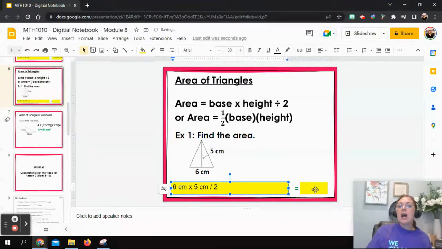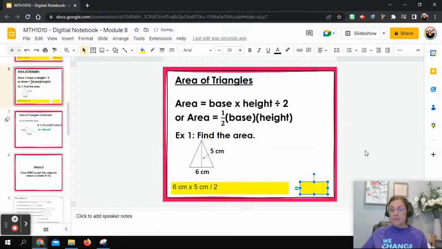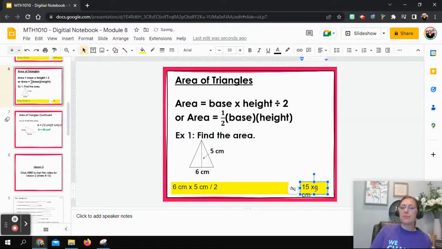So you can do 6 times 5 in your calculator and then divide by 2 to get 15. But I do want to draw your attention: you see that centimeters times centimeters, right? We still get square centimeters as my units for the area.